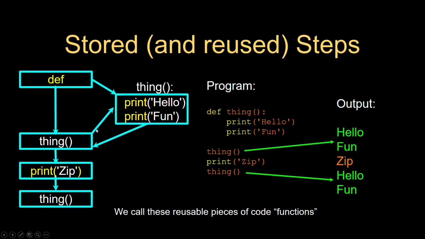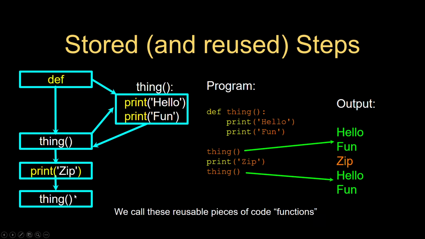So the control goes into that definition. It's print hello, print fun, and then when all of the statements under that function are finished executing, the control comes back to where we called the function. So the control comes back here, and then there is no other operation on this line other than the function call. So it goes to the next line. Next line is print zip. It does print zip.